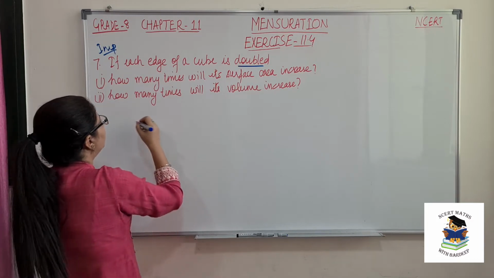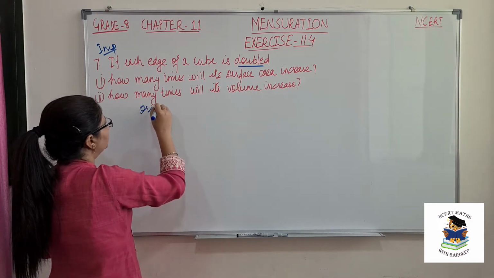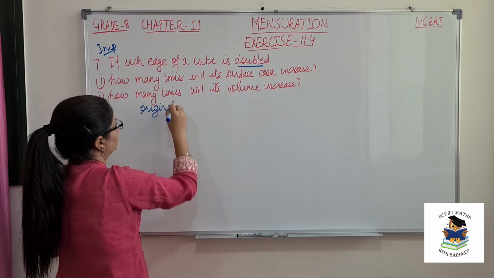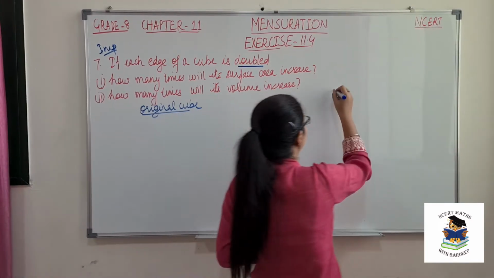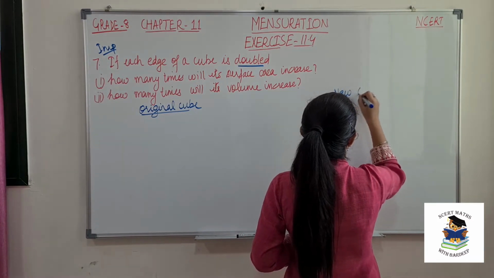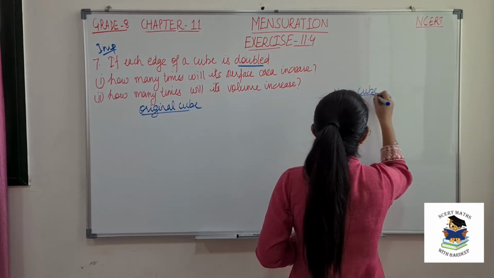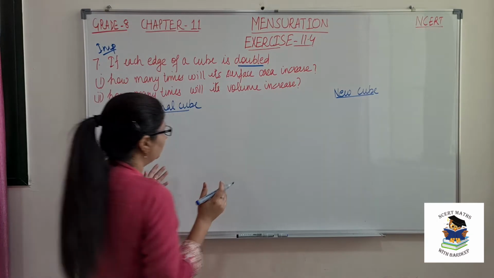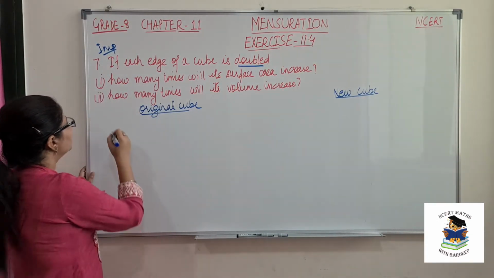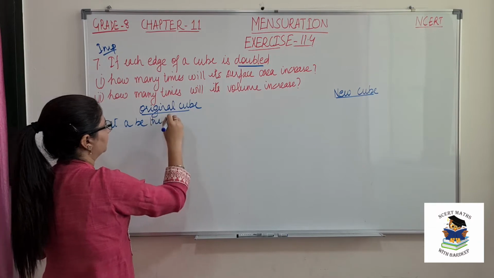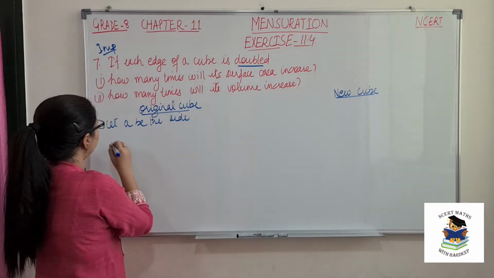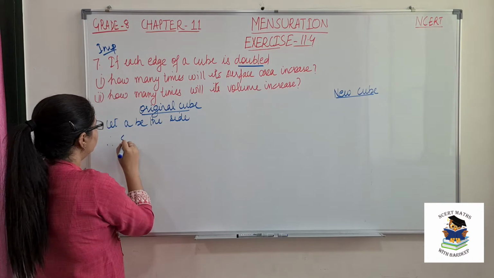Let's see. Here we will take original cube and on one side we will take new cube. Okay, we don't have any length, only relation is given. So let A be the side. Okay, therefore what is surface area?